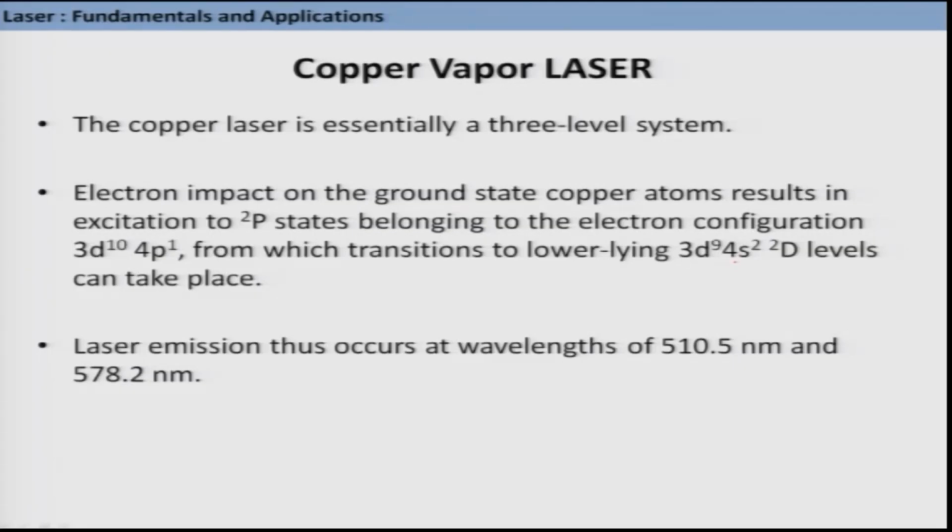So the electron impact on the ground state copper atoms results in excitation to the 2P state, which belongs to the electron configuration 3d10-4p1, and from this state the transition to a low-lying 3d9-4s2 state, which has the symbol 2D, can take place, and the corresponding laser emission is achieved at 510.5 and 578.2 nm.